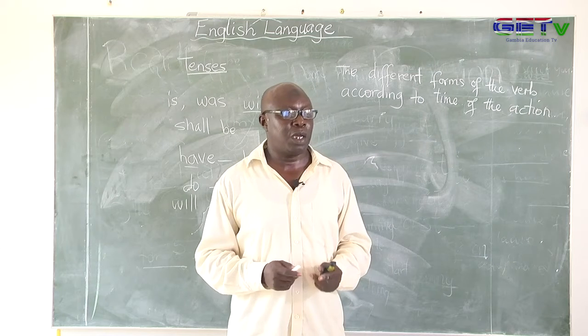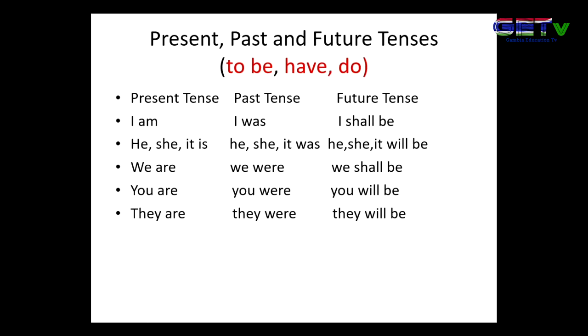We say I was, it was, she was, he was, but we say we were. We say I shall be, he will be, she will be, it will be, we shall be.